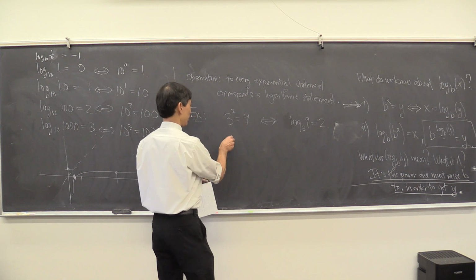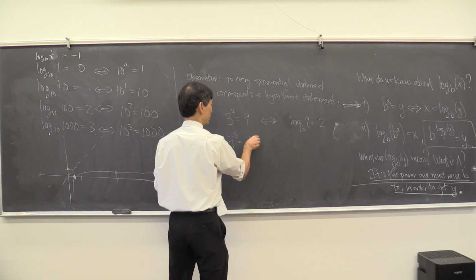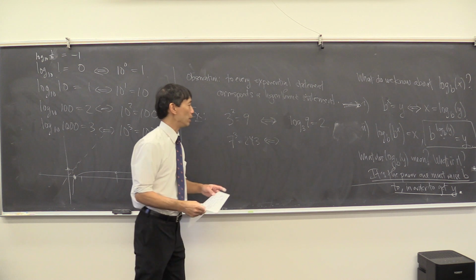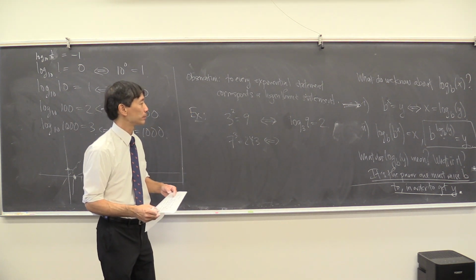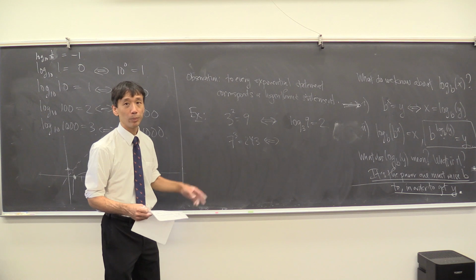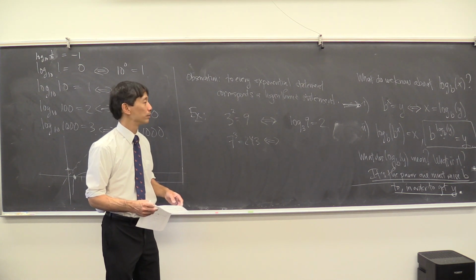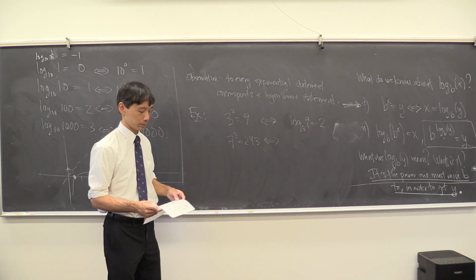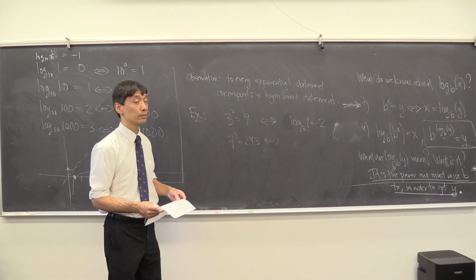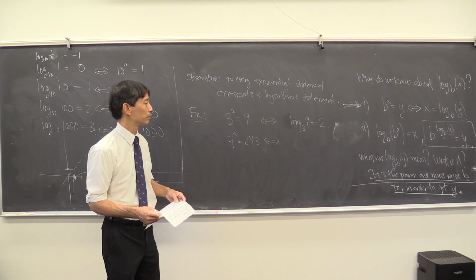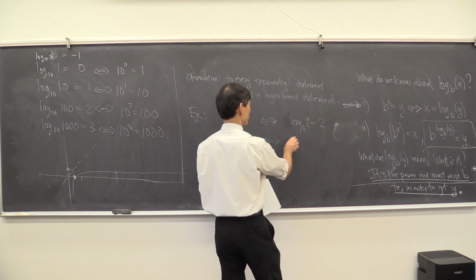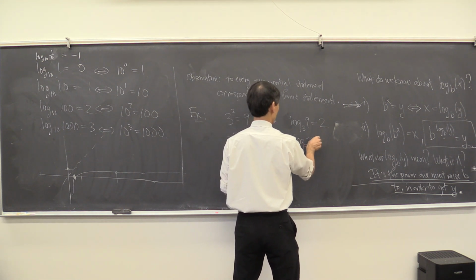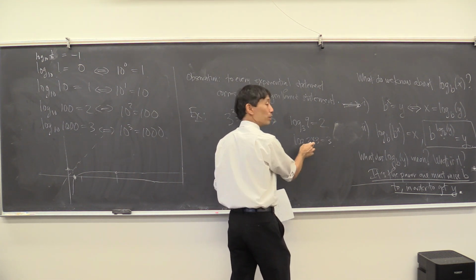If I say 7 cubed is 243, what is that as a logarithmic statement using log base 7? Amy? Log base 7 of 243 equals 3, right? Because 7 cubed equals 243.